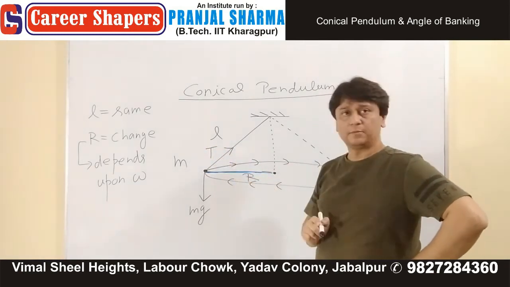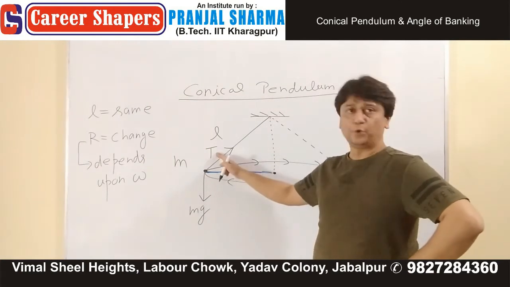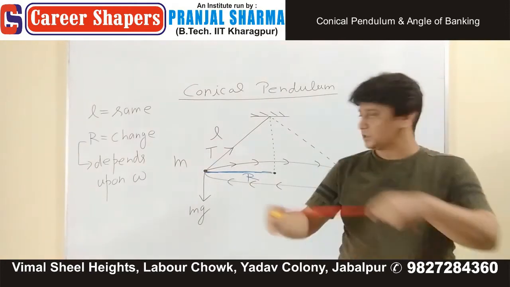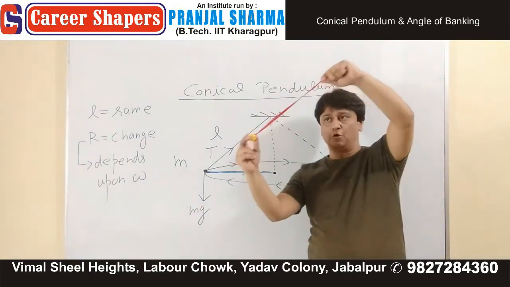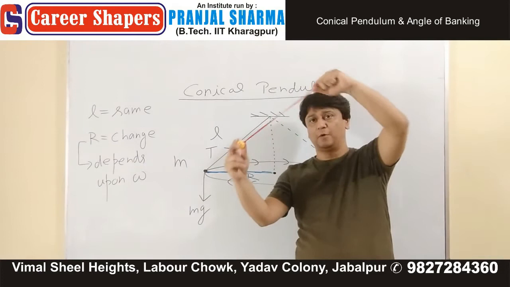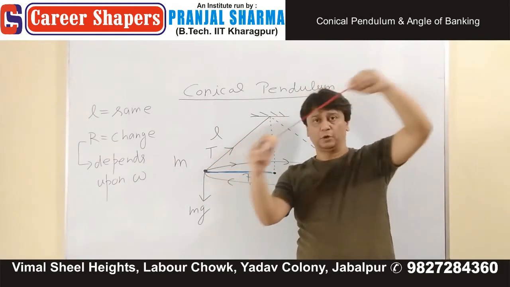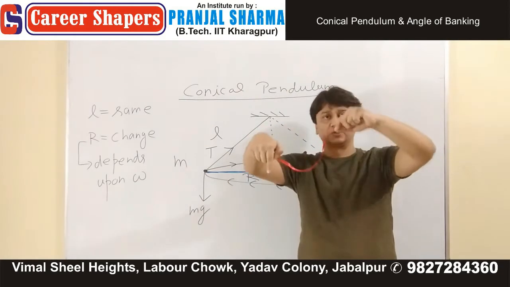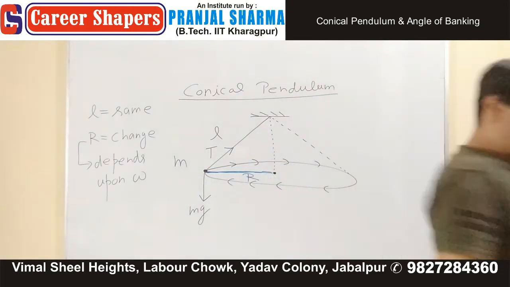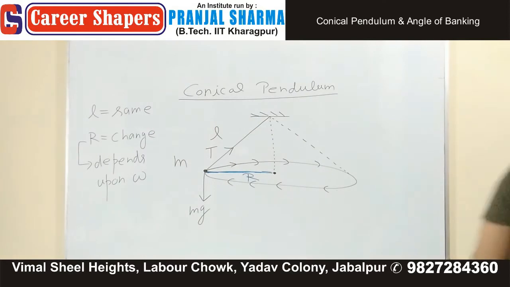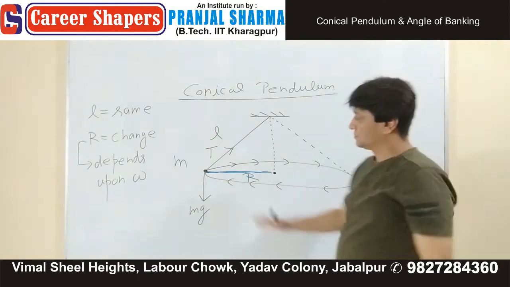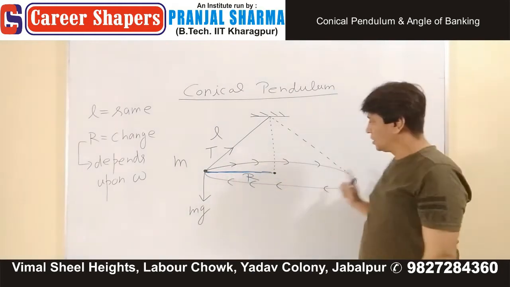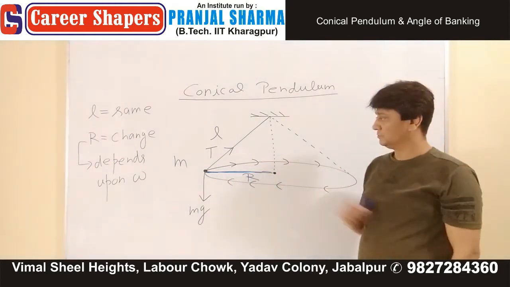This is T. Tension is a pulling force. It acts away from the body. So this is the rope, and it's pulling on this object. This pull, I hope you can see, that's the tension force. Downward is what? mg. Under these two forces, this object is performing this horizontal circular motion.